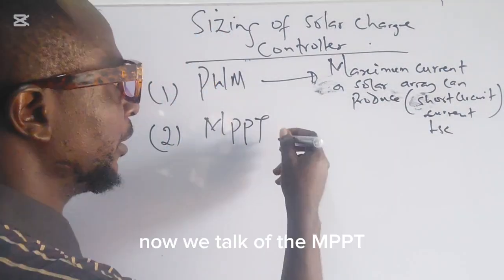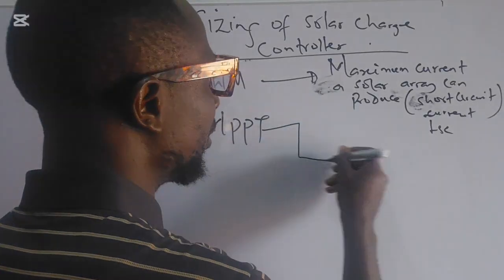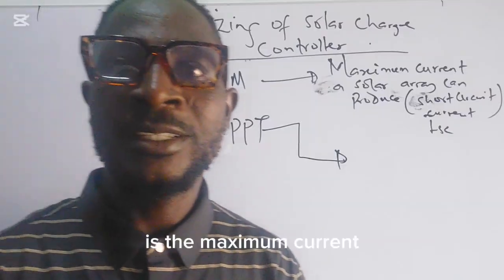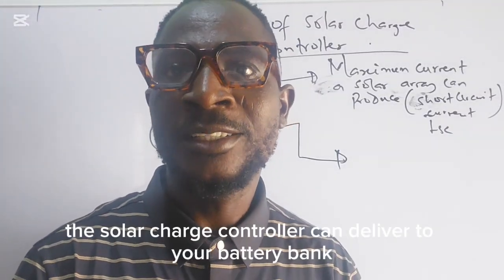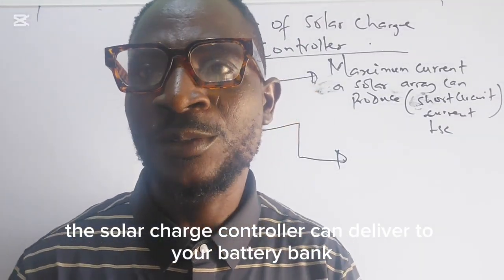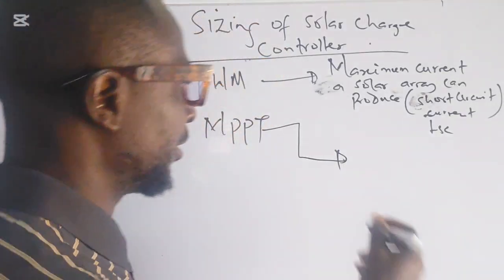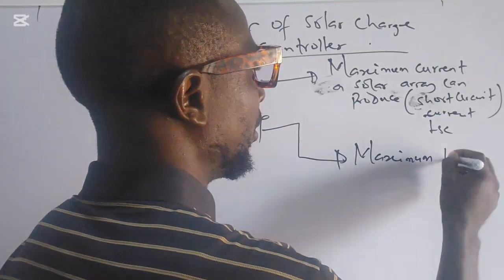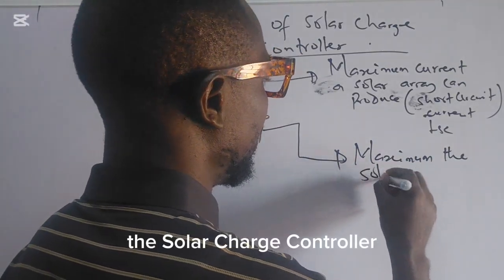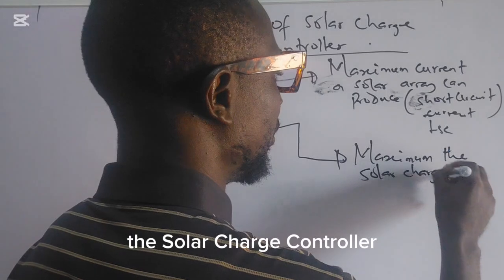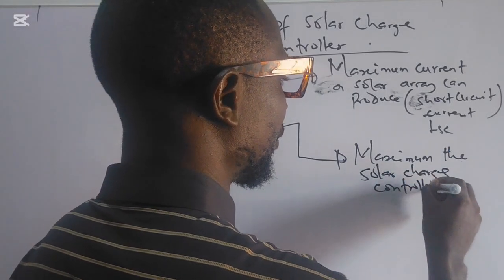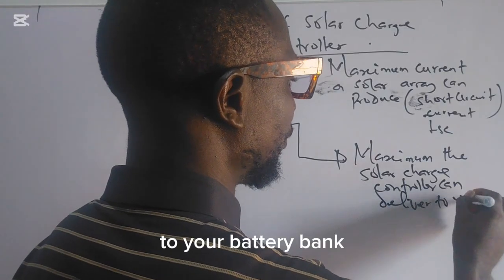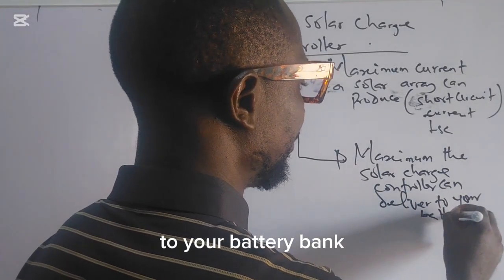Now we talk of the MPPT. The main sizing factor for an MPPT solar charge controller is the maximum current the solar charge controller can deliver to your battery bank.